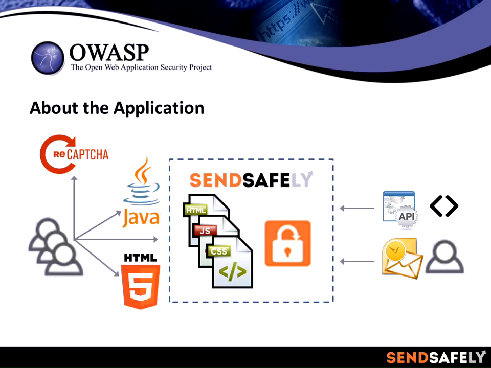Specifically, we use reCAPTCHA in certain cases. reCAPTCHA is a third-party site that our users have to interact with using their browser when they're on our site, so that's one thing we'll need to consider.